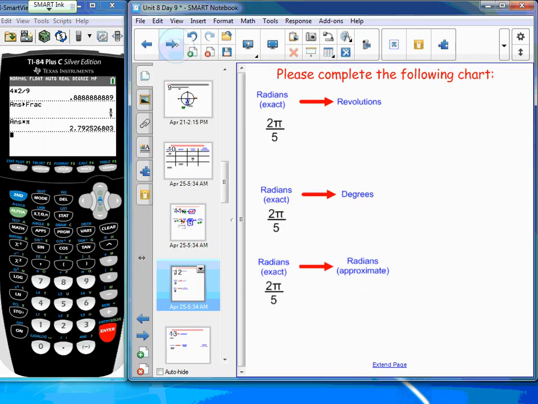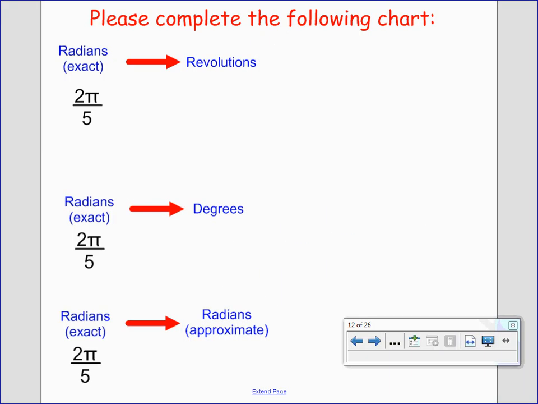Awesome. Let's go 2 pi over 5 radians to revolutions. So we know that we'll multiply by a conversion fraction whose sole purpose is getting rid of the label that I don't want, in this case radians, and moving towards the label I do want, in this case revolutions. So we saw that in 1 revolution there were exactly 2 pi radians.